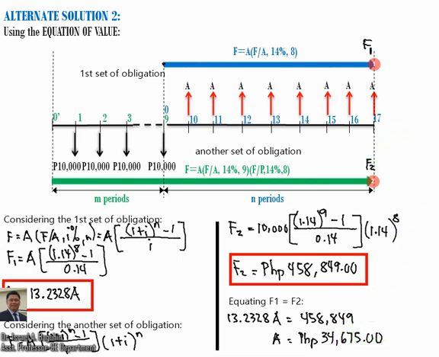Okay, so still we arrive at the same value of our annuity A, which is still equal now to 34,675 pesos. So I hope these techniques shared to you will serve as your tool in calculating different types of deferred annuity problems. And then I hope this is very clear now to everybody.